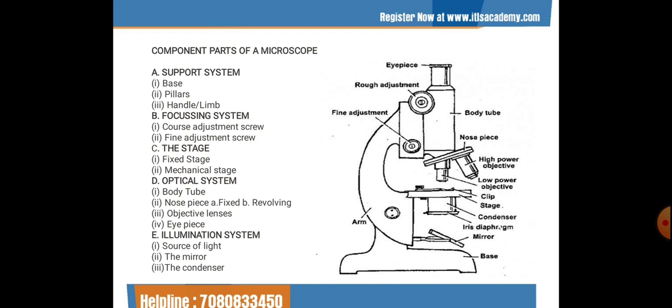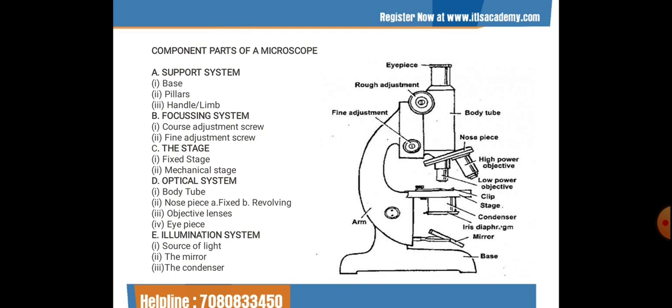The next is the focusing system. The focusing system consists of the coarse adjustment screw and the fine adjustment screw. Once we observe in a microscope, we firstly move the coarse adjustment screw so that we can get the image easily under the lens. We can choose the lens of 100x so that we can magnify it.